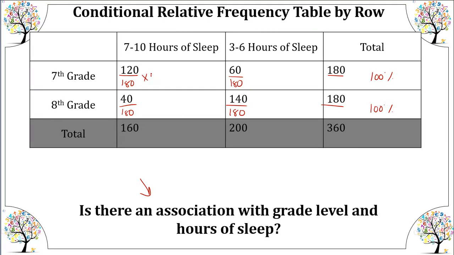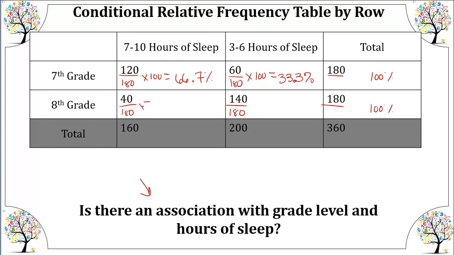And now we're going to divide and multiply by 100. And we get about 66.7%. So what this means is 66.7% of 7th graders get a lot of sleep. And let's keep going. And 33.3% get a little amount of sleep.